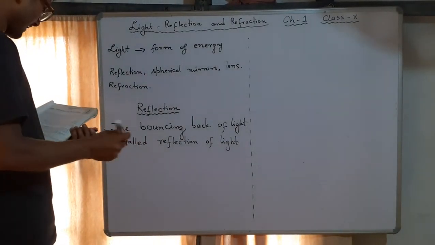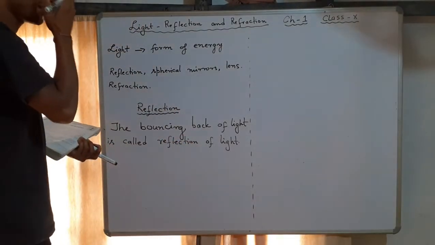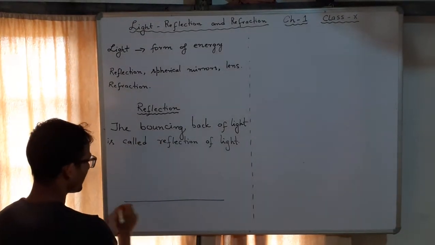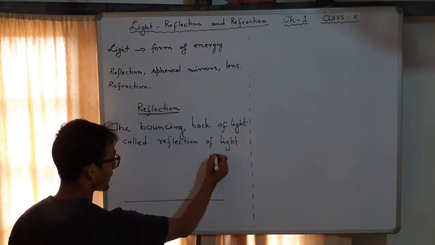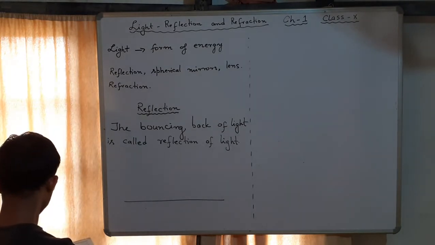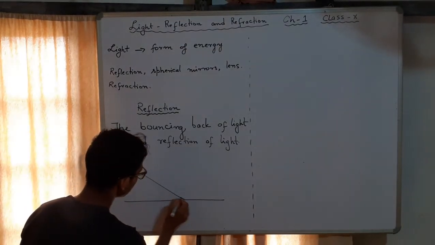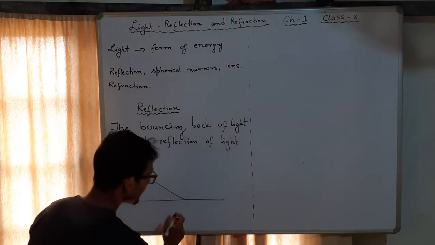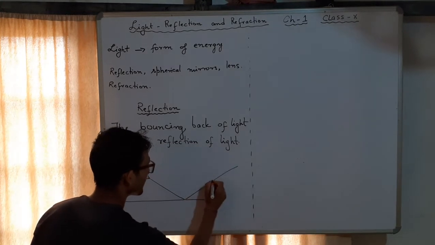In the reflection of light, there are some things which we have to write. Suppose this is a surface, any surface, and the light is coming from somewhere here, hitting it and bouncing back like this.